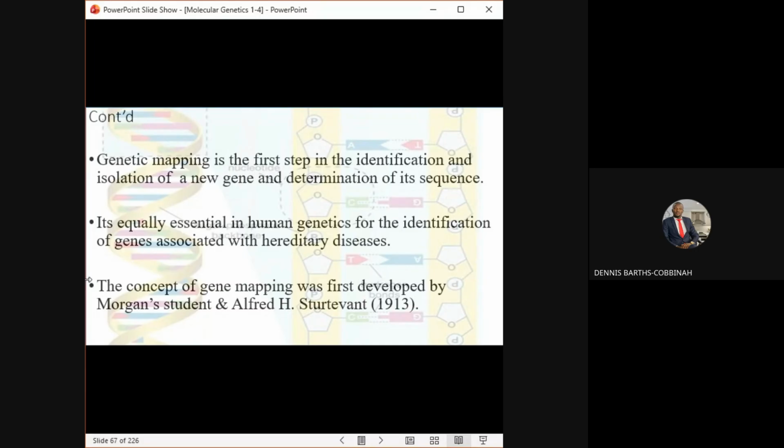And that could be detected and corrected. The concept of gene mapping was first developed by Morgan's student Alfred Sturtevant in 1913.